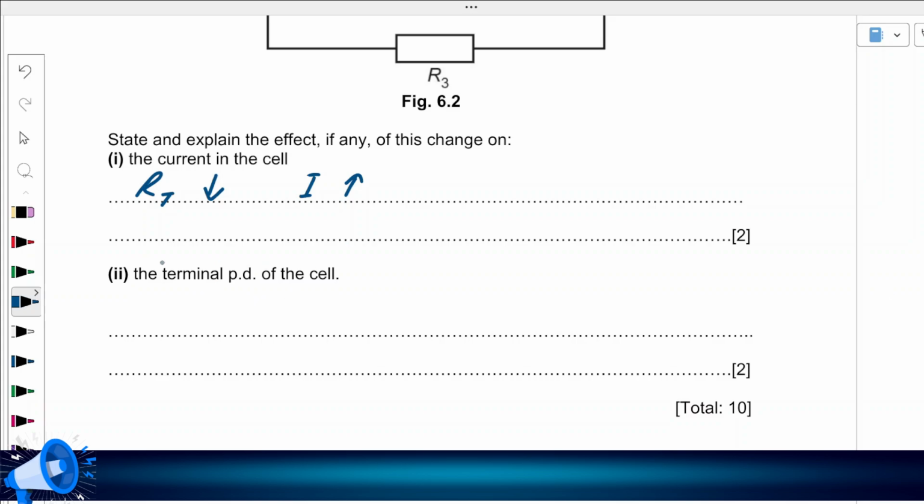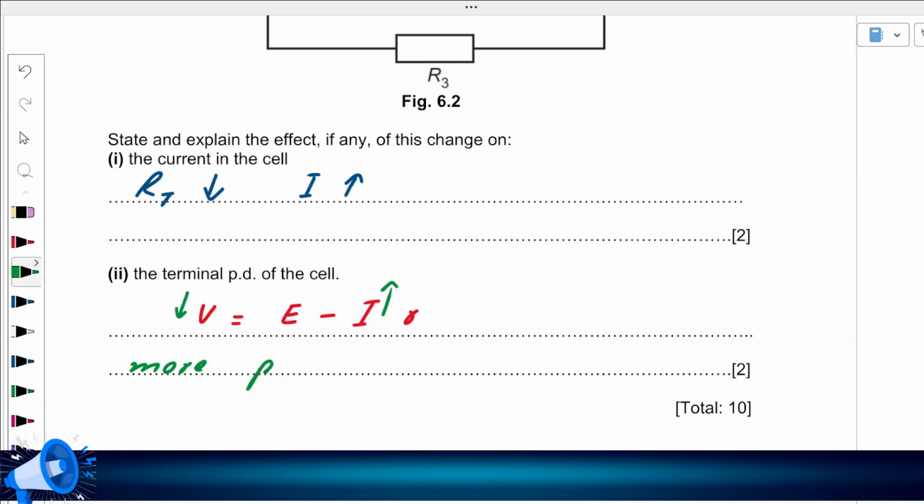What happens to the terminal potential of the cell? Okay, so the formula of terminal potential is this one. As the current is increased because of the resistor in parallel, a larger value would be subtracted, or more voltage would be dropped across the internal resistor, hence the value of V would be less.